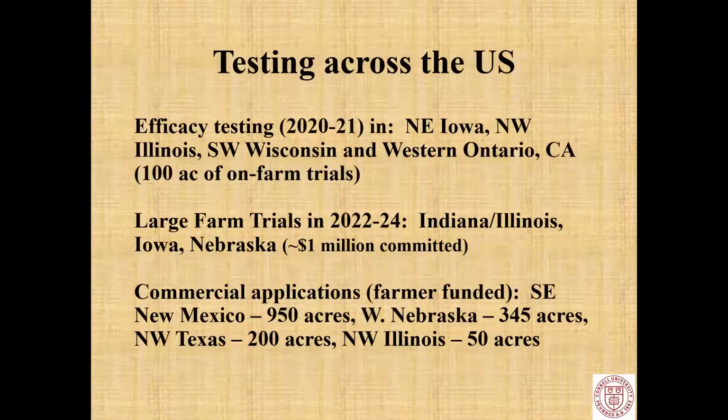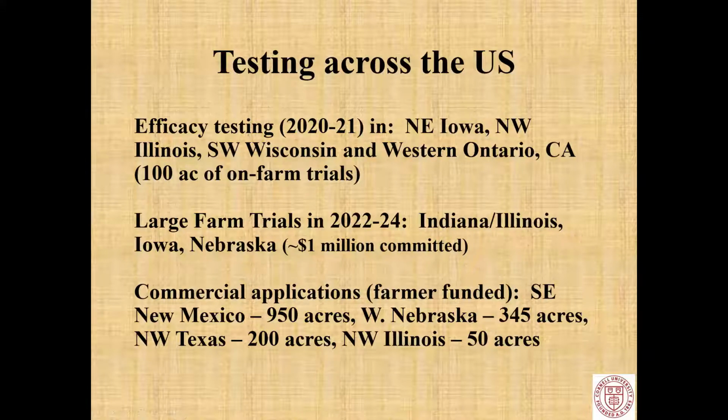So going forward, it's even increasing. There's efficacy testing now in 20 and 21 in Northeast Iowa, Northwest Illinois, Southwest Wisconsin, Western Ontario, Canada, all areas where they're having BT failures. One of the major companies is putting $1 million into testing farm scale nematodes on Indiana, Illinois, Iowa, and Nebraska, right in the middle of the Corn Belt.